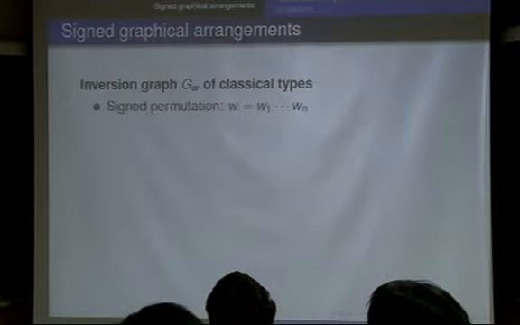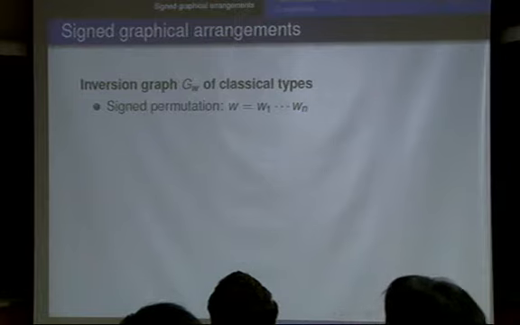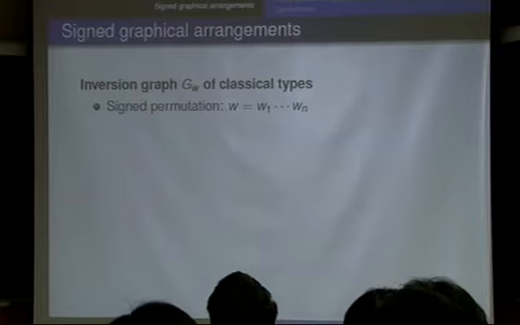Now, the inversion graph of classical types. For classical types A, B, C, and D, we can represent each element of a Weyl group as a signed permutation. For type A, it's just a permutation, as we've seen here.